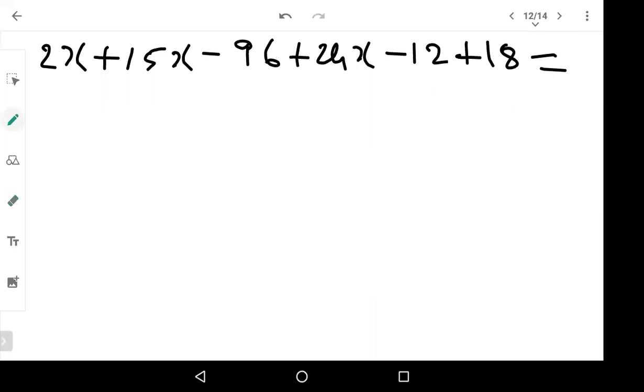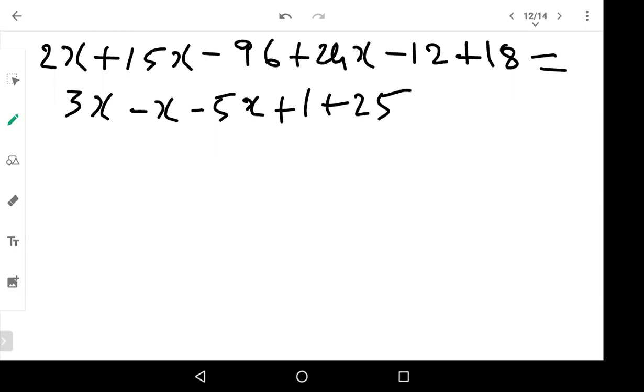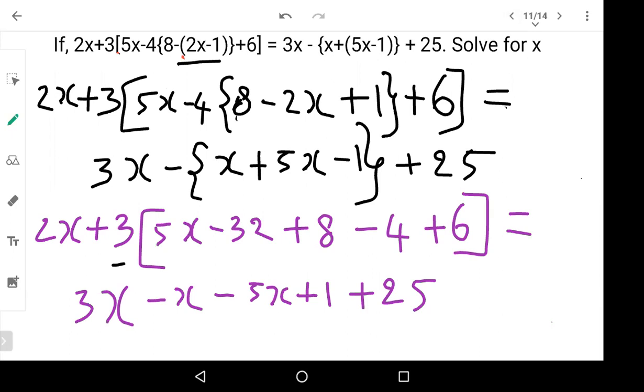Okay, now let's go to the RHS. Now in RHS, what was there? We will just write down as it is for now. So what was there? 3x minus x minus 5x plus 1 plus 25. Was this correct? 3x minus x minus 5x plus 1 plus 25.